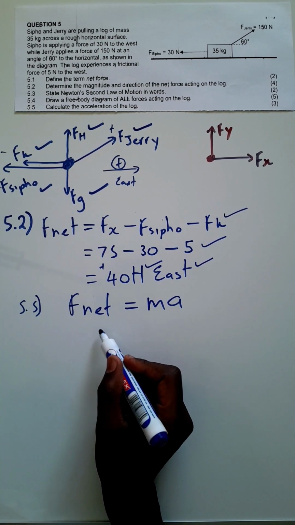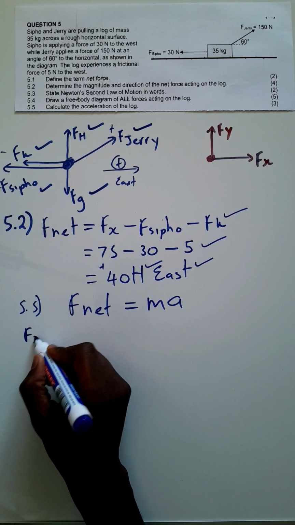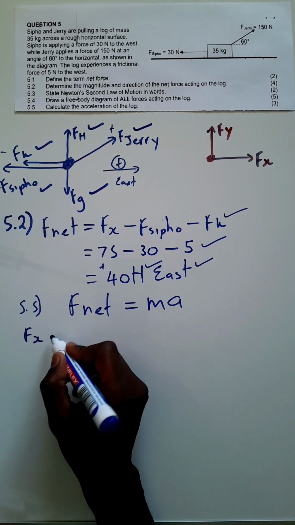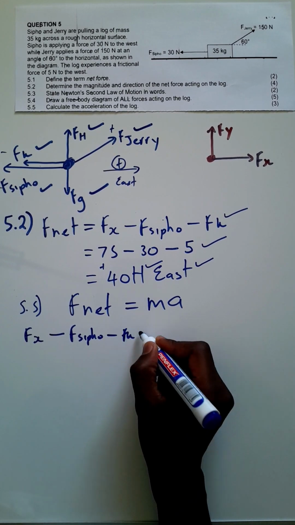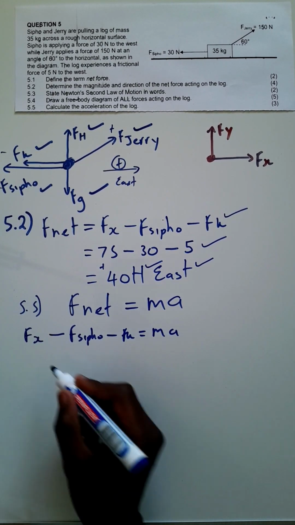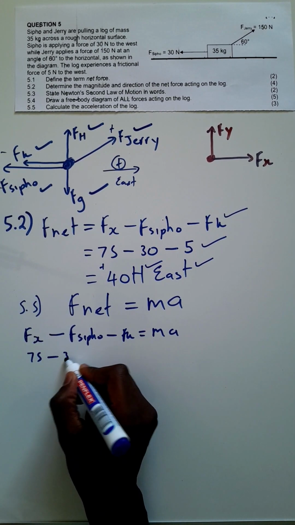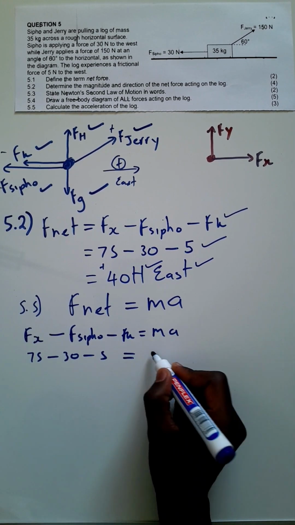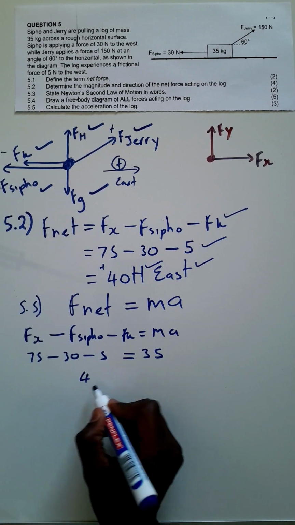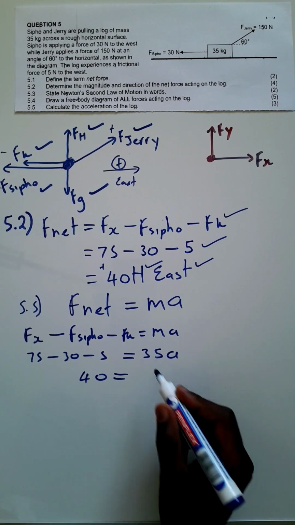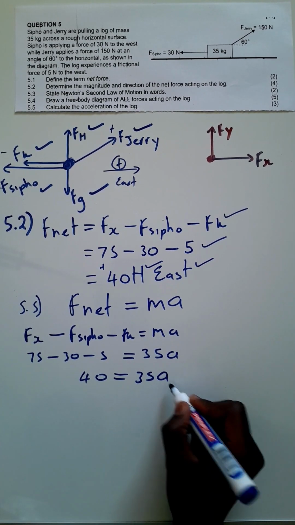So for net force, we have the horizontal component of Jerry's force minus the force of Sipo minus the frictional force is equal to mass multiplied by acceleration, whereby we have 75 minus 30 minus 5 is equal to a mass of 35 there. This gave us 40. Let's have that, times A there, equal to 35A.